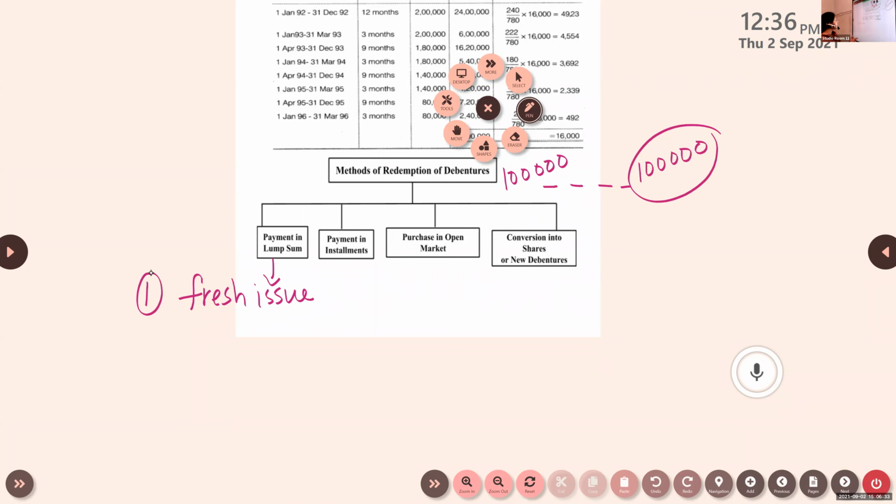That means the company will issue either new shares or the next bunch of debentures to raise capital, to raise fund. That is called redemption out of fresh issue.